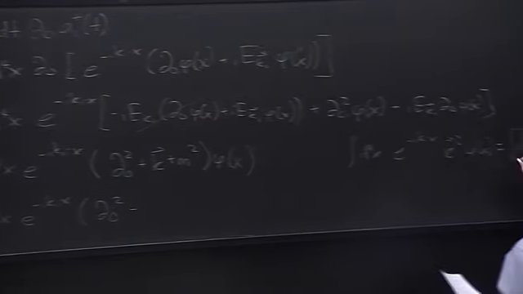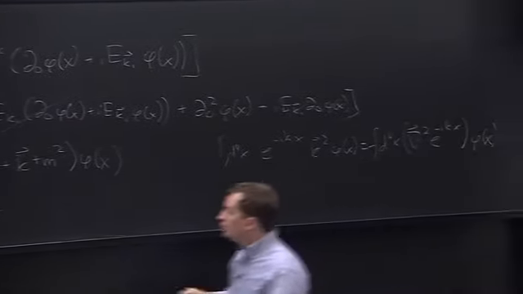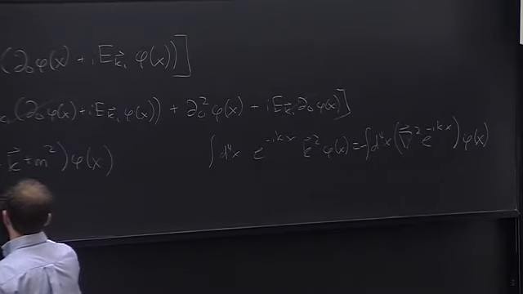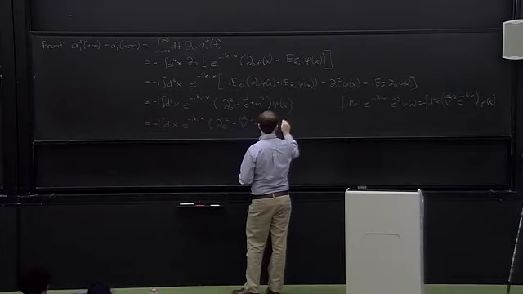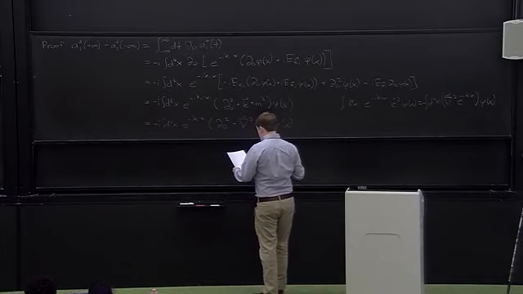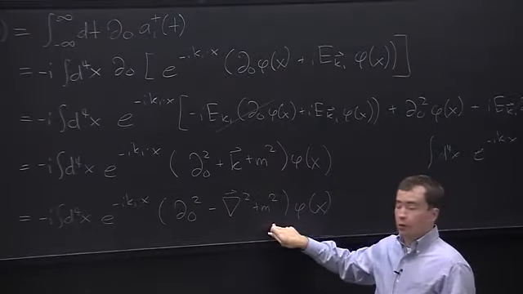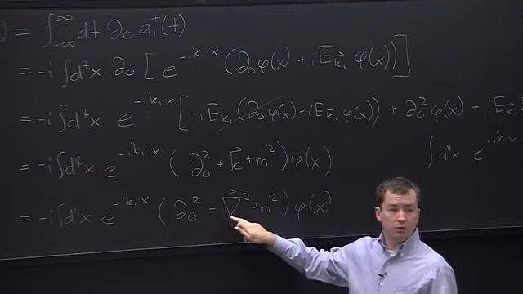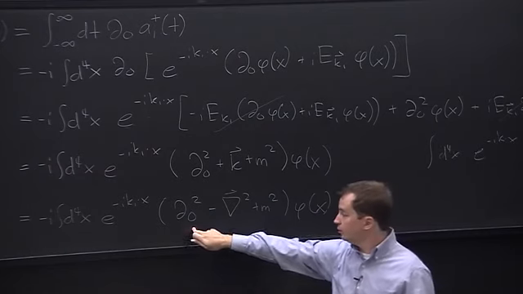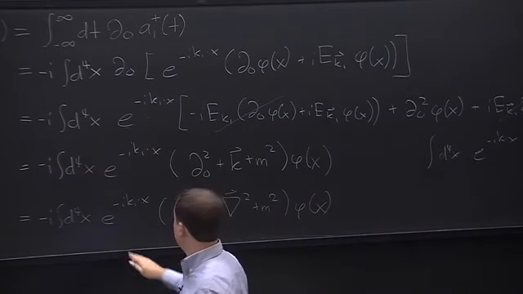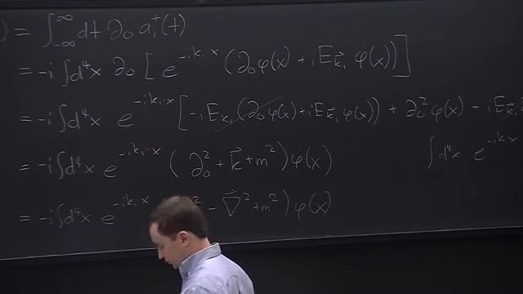Minus, because we bring down an i squared. Which is exactly what we wanted. We can combine these two derivatives into the 4-derivatives squared. So this is exactly what we wanted.